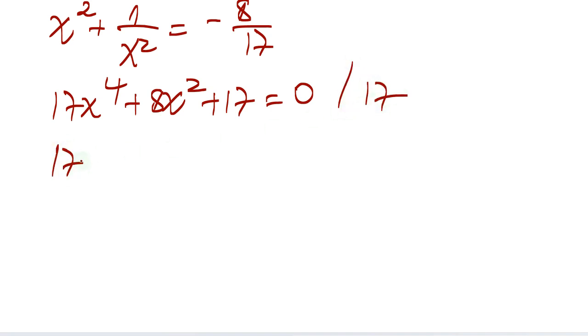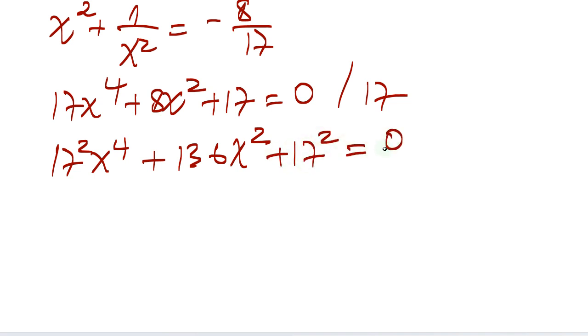So I have 17 squared x to the 4, plus 8 times 17, which is 136, x squared, and then plus 17 squared, which is equal to 0.